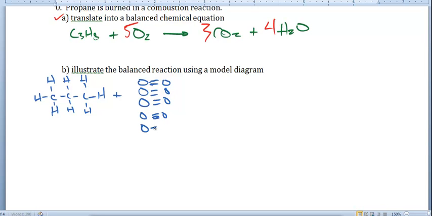Okay, so I got to do 5 oxygen molecules, and then I'm going to draw 3 carbon dioxide molecules. And again, you need to know that the carbon atoms are double bonded to the oxygens in carbon dioxide, and then we have 4 waters.